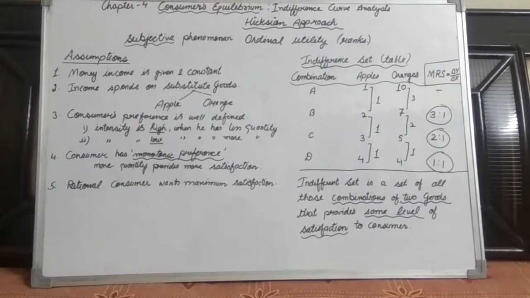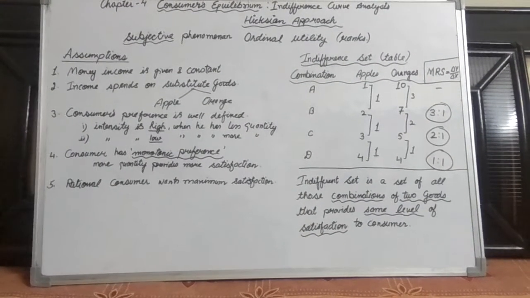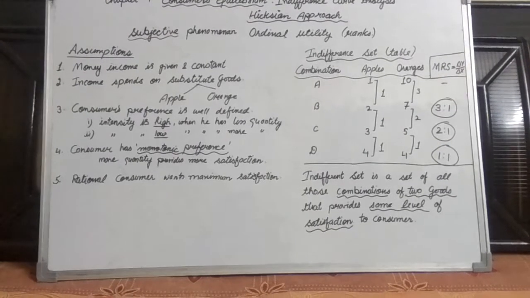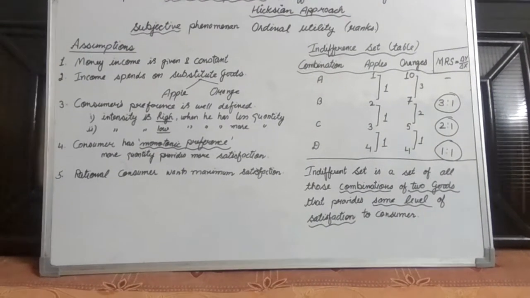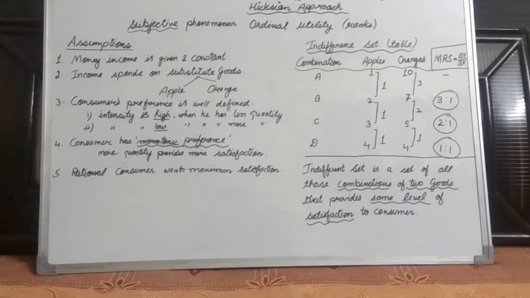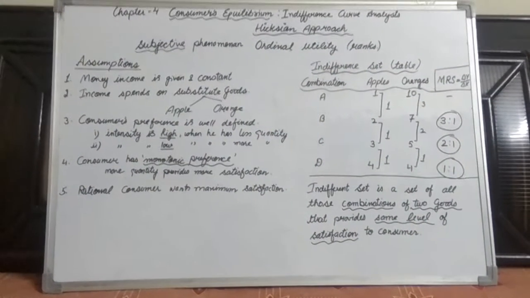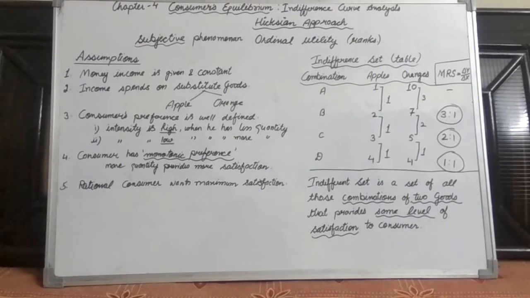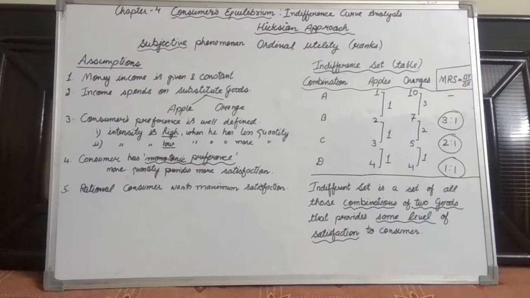So according to the given table, we can conclude that the indifference set is a set of all those combinations of two goods that provide the same level of satisfaction to the consumer. So the indifference set is concerned with the table presentation of all those values of two goods which give the same level of satisfaction to the consumer.